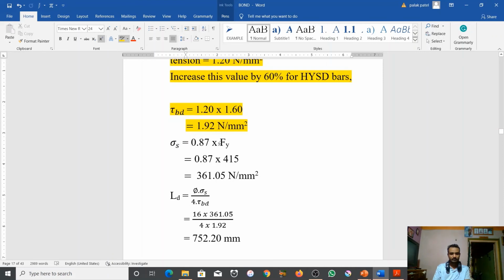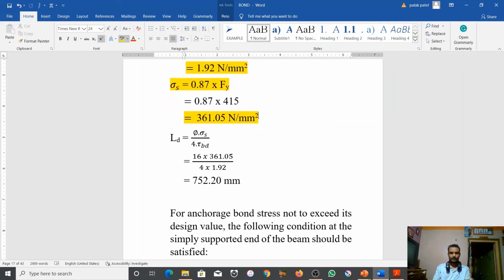Similarly, sigma S is 0.87 into Fy. Fy is 415, so sigma S is equal to 361.05 Newton per mm square. Development length LD is equal to phi into sigma S upon 4 into tau BD.